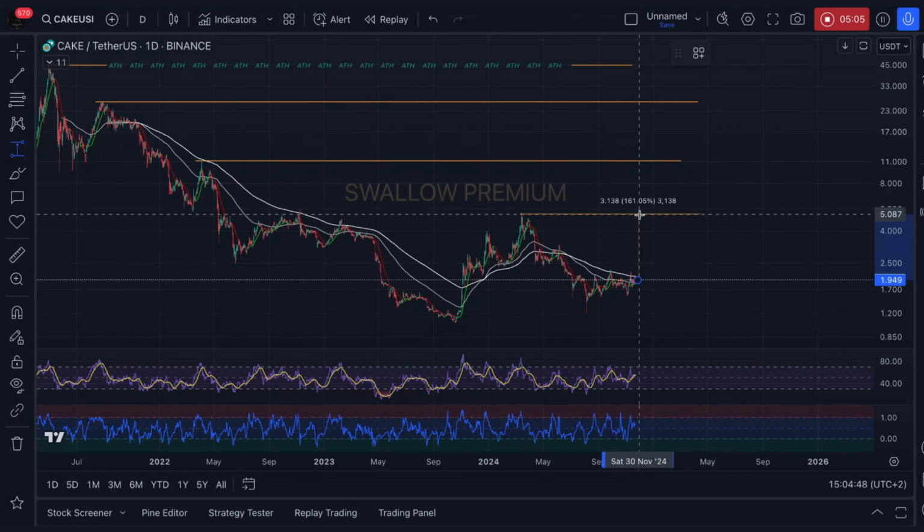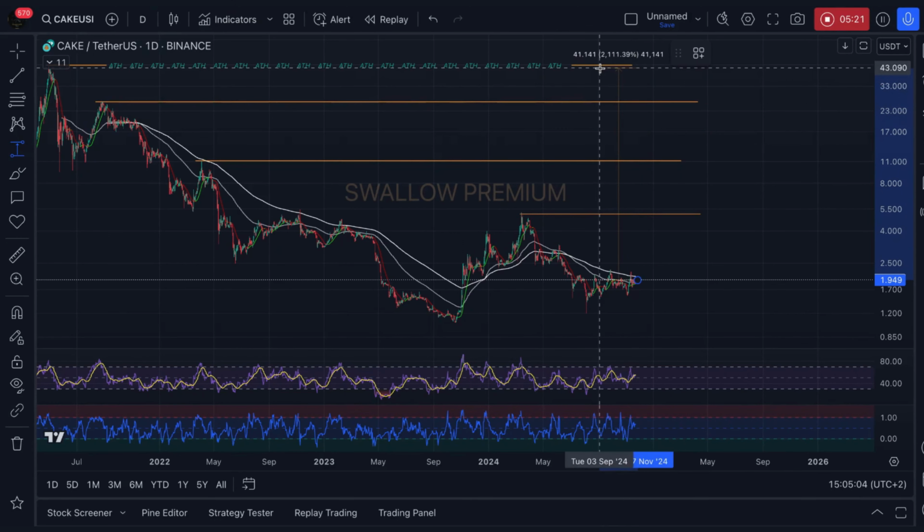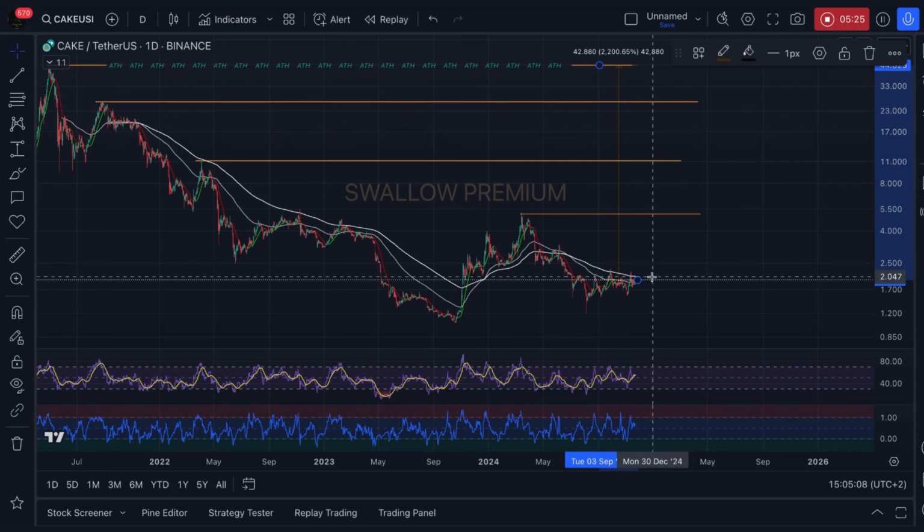The first one is almost 2x, so 1.6x from current price. The second target would be this one, which is like 4.7x from initial investment, then 12x, and the last target would be, of course, this all-time high, which is 22x from current market price.